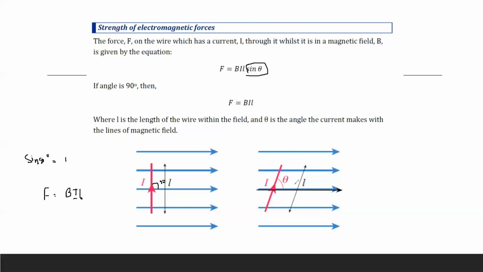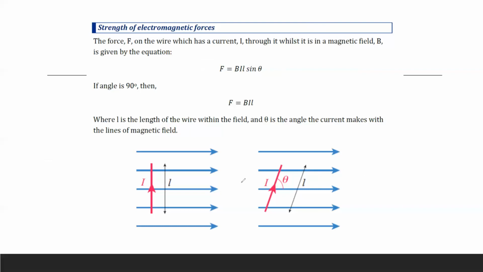You can resolve the magnetic field or you can resolve the length. The one which is with the angle will be L cos theta here, and the one against the angle will be L sin theta. So L sin theta is the perpendicular component to the magnetic field. That's why F equals BIL sin theta.